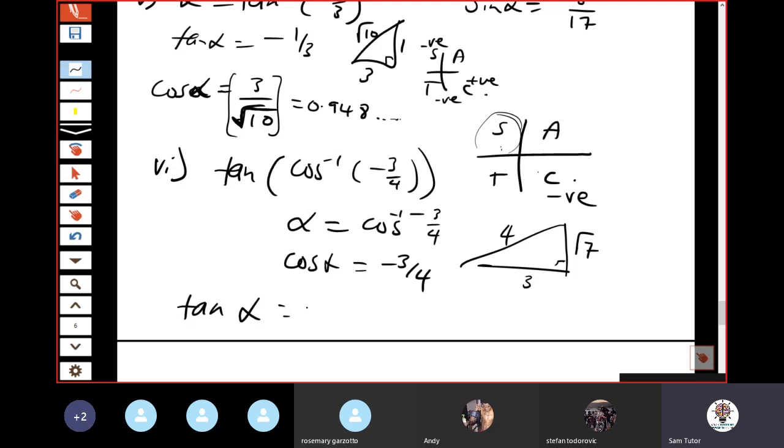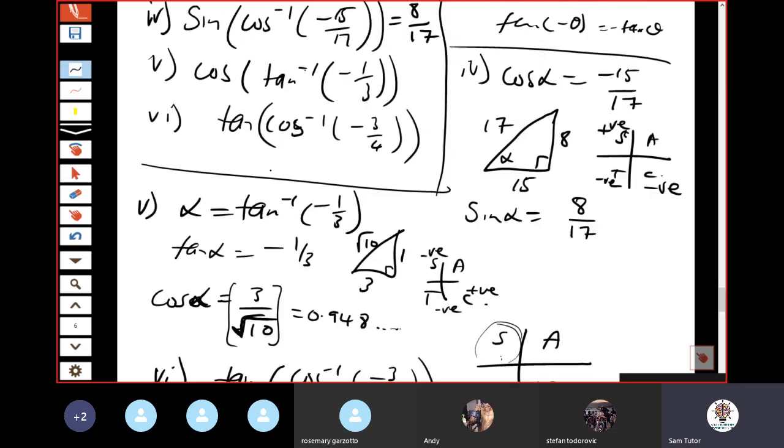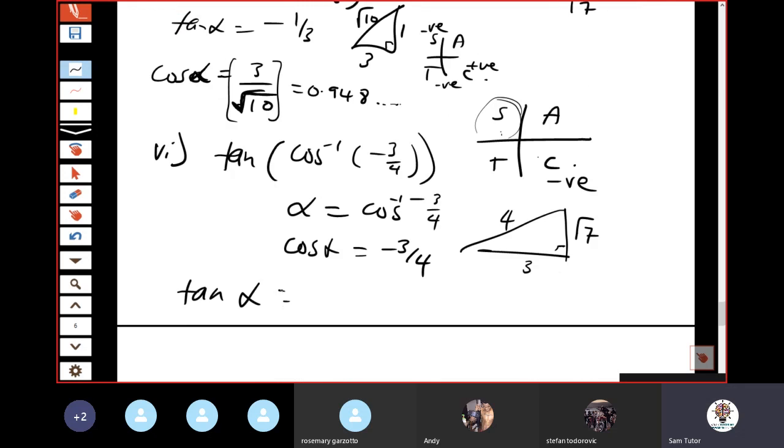Tan of alpha, where alpha is in this region.